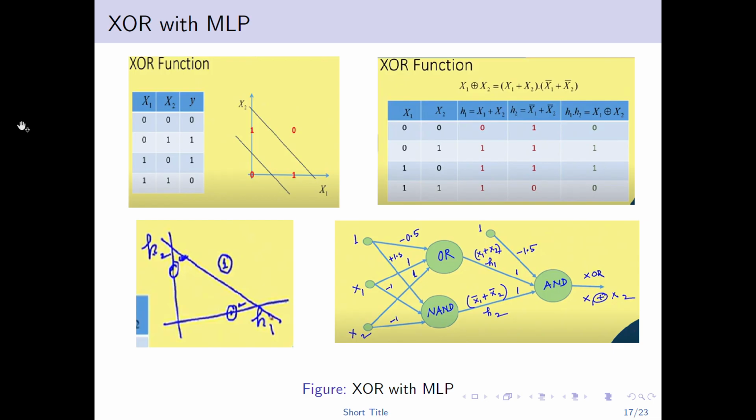First, given x1 and x2, we will perform an OR function on x1 and x2. Then we will perform a NAND function on x1 and x2.